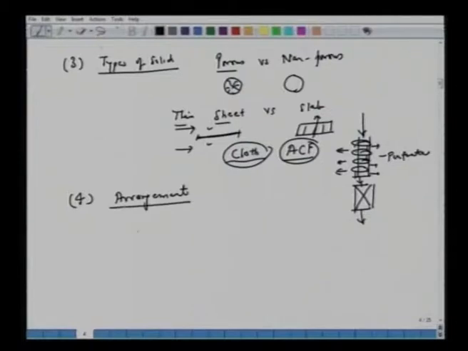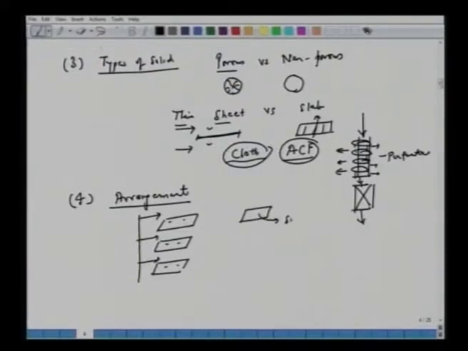So arrangement of dryers, say like in refrigerators, you have trays, you can have a stack of trays on which you can put solids, and then you can think of hot air blowing past this. In some cases you can have trays, but these trays will have some sieves, so ensure that the solids' diameter is larger than the sieve openings.